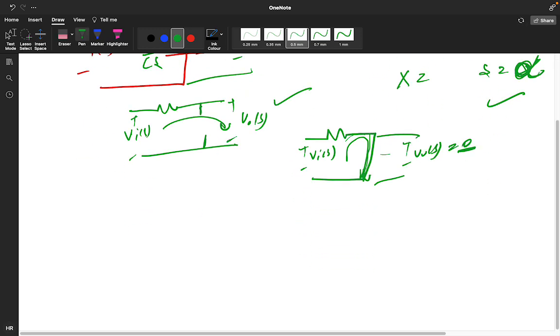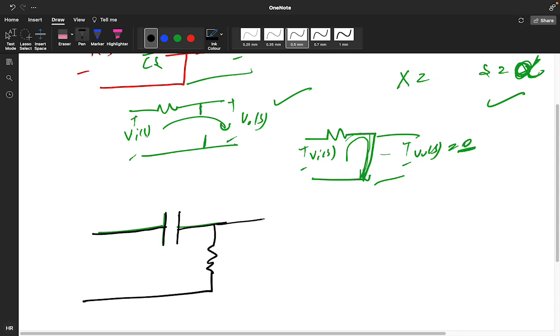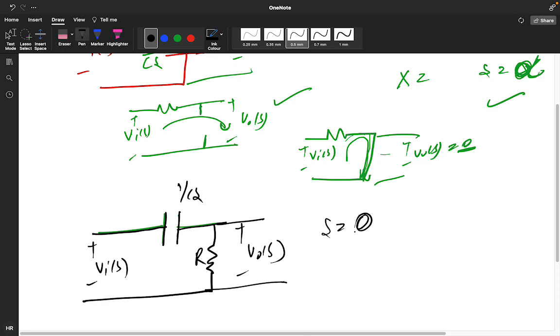Now if you change the position of the capacitor like this, this is your R, this is your plus minus Vi of s, this is your plus minus V naught of s, and you write 1 upon Cs, and here R. So at s equals 0, what will happen? It will get open circuited, right?